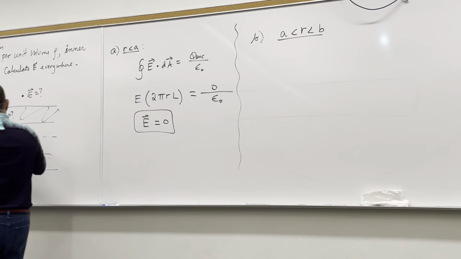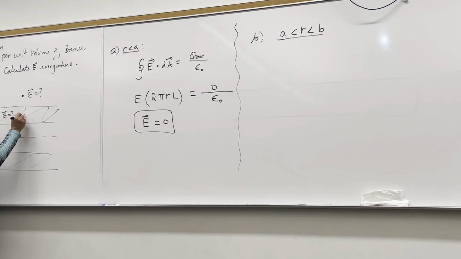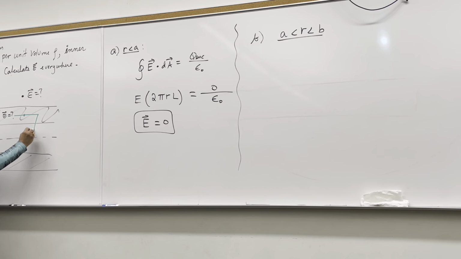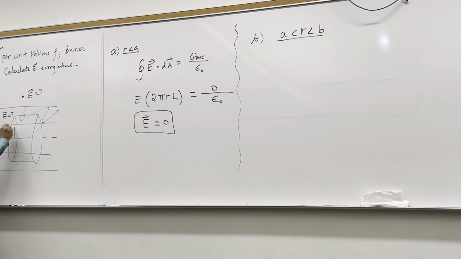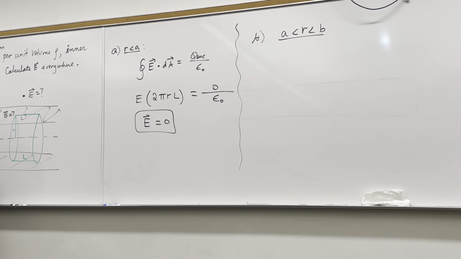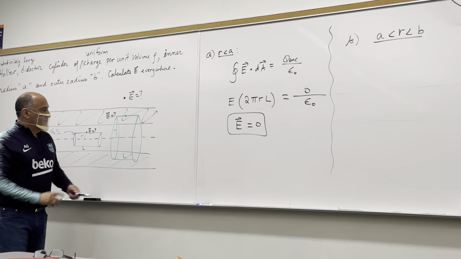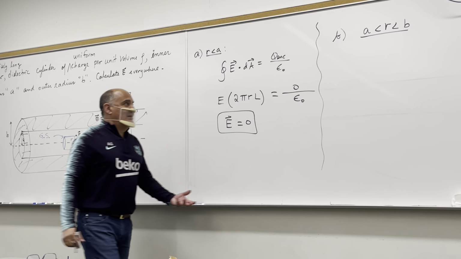So that's for the electric field over here. I'll just say right there. So I imagine a Gaussian surface passing through that point, like this, with radius r and length L. And I write down Gauss's law.